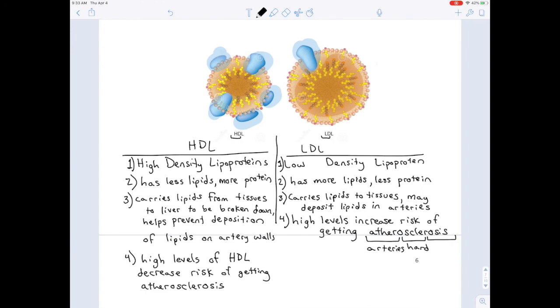You can get more HDL and less LDL by doing cardiovascular exercise, so running or rowing. And you can also get more HDL and less LDL by eating unsaturated fatty acids. So things like olive oils or plant oils, or things that have those in them, like nuts or seeds.